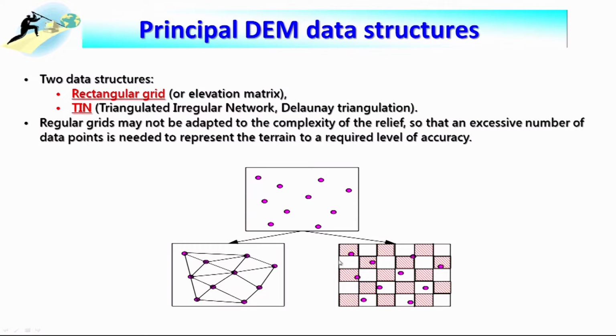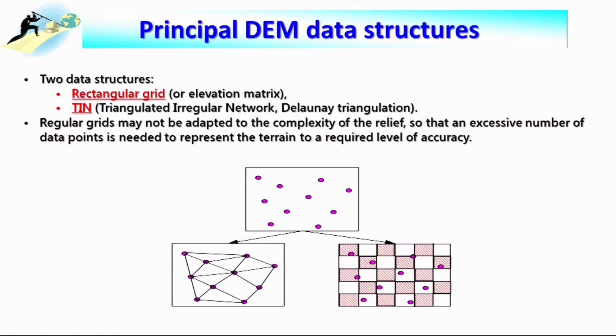At the same time, using the same observation points, you can also create a TIN model, where you see triangles of different shapes and sizes in a complete network. This network is irregular, but it is based on a certain concept which we will discuss just after this.